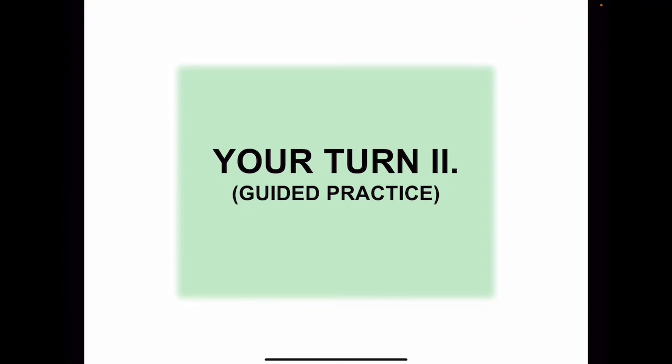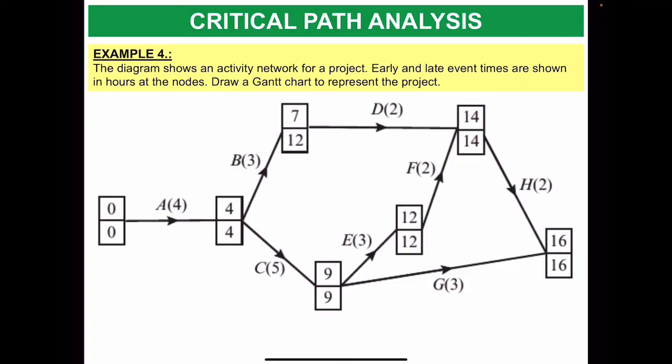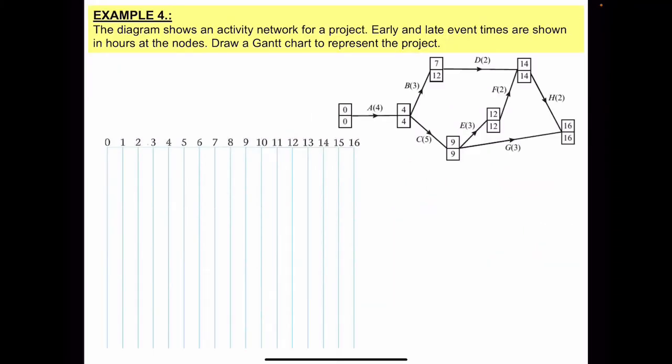So let's look at the guided practice. We are given the network, we need to draw a cascade chart or Gantt chart, and the time is in hours. So we need to first identify the activities that are critical.